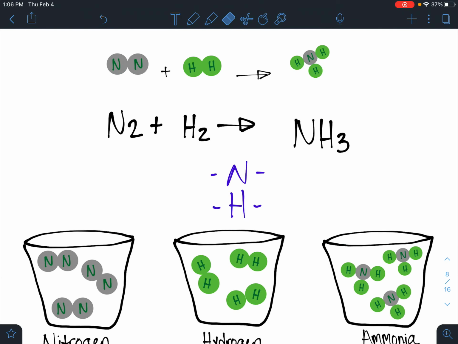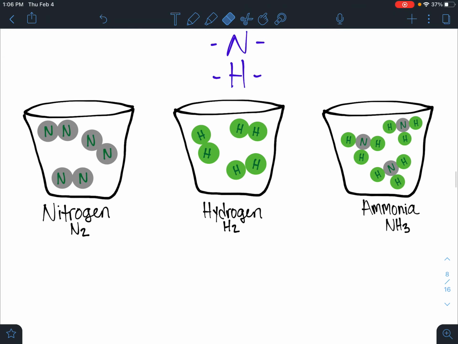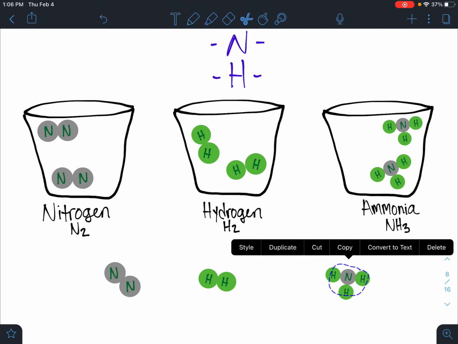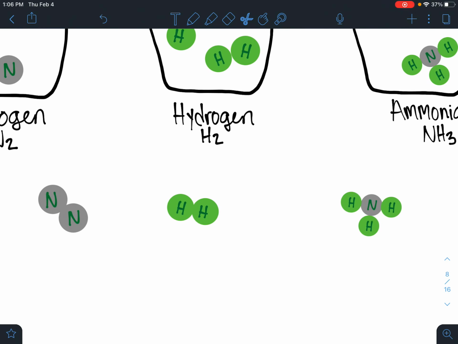As a visual here, if you take a look at these little bins, if we have N2s and H2s, and it makes NH3s, and you take a look and see that right now there's 2 nitrogens on the left here. Let me actually put the plus sign in and the arrows.